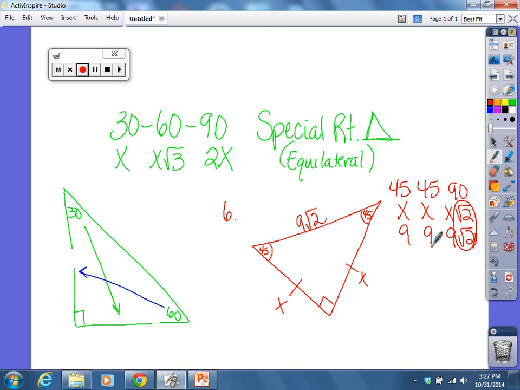Okay, so that's one problem that might give you a little bit of trouble if you don't realize those are 45, 45 degree angles. I am looking at the rest of it. I think you've got number 13. That is the same thing as what I did for number 6. Those two base angles are the same, so that turns into a 45, 45, 90 triangle.